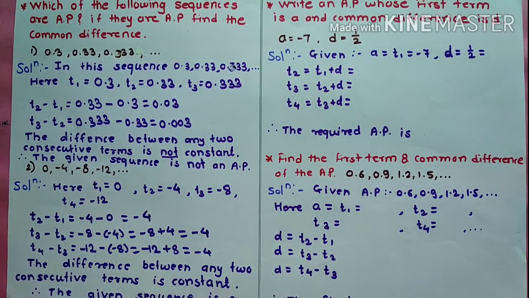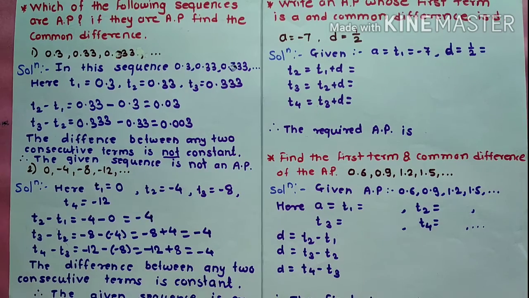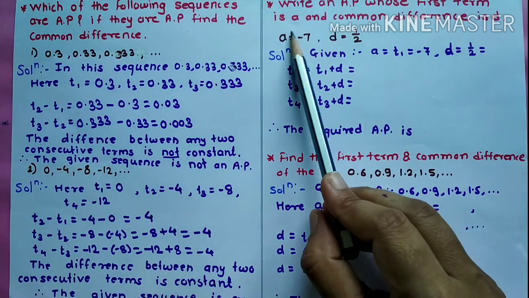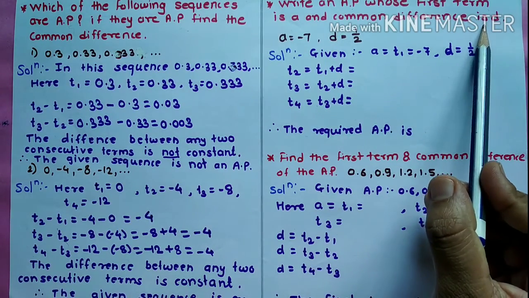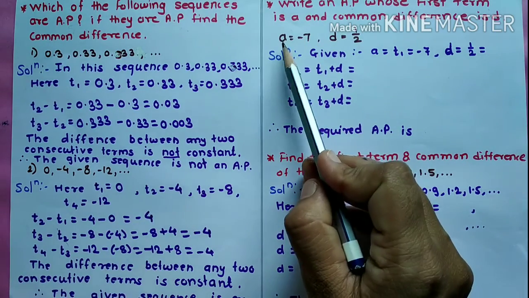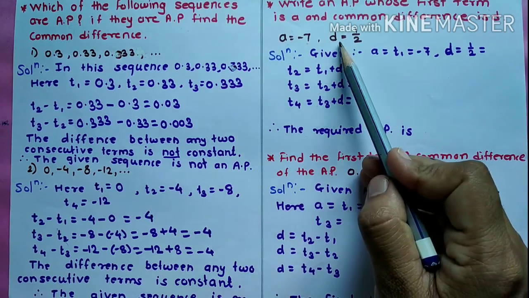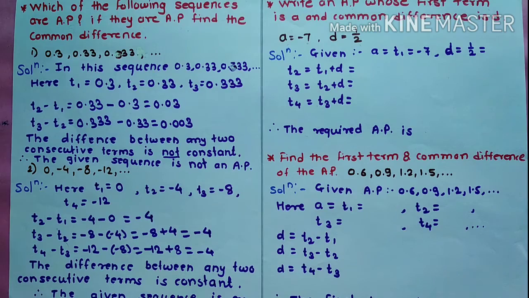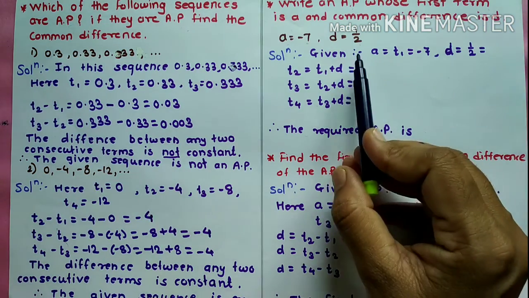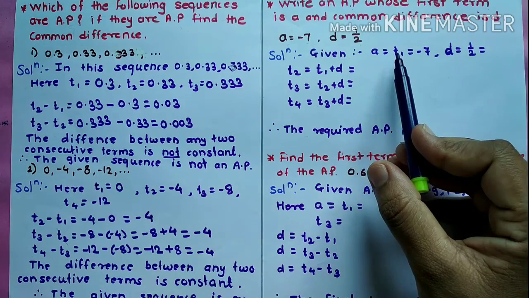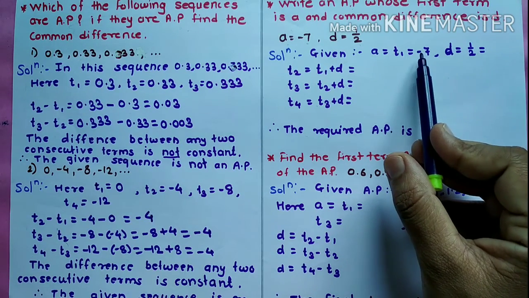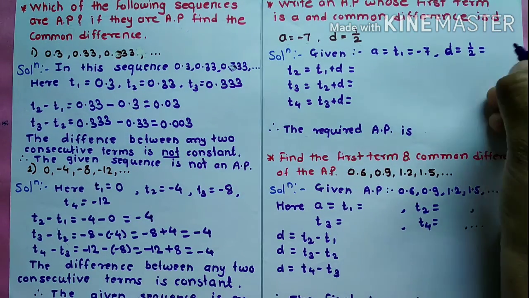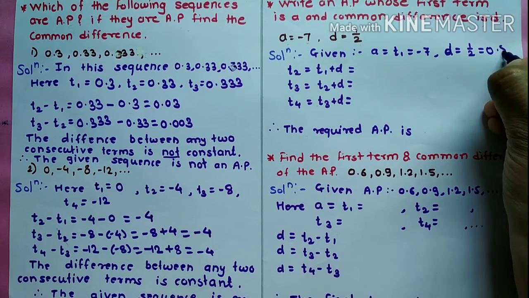Now, the next example is to write an AP whose first term is A and common difference is D. Here the value of A is -7 and D is 1/2. Now we have to find the AP. So first write down the given terms. A means the first term, therefore A equals T1 equals -7, and the common difference D is 1/2, which is equal to 0.5.